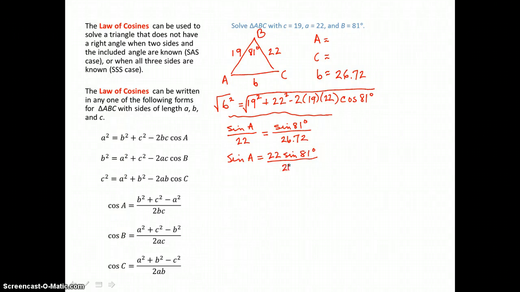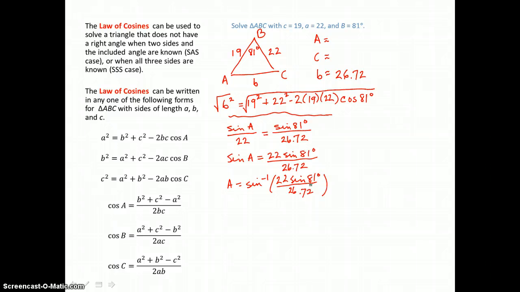So solving for angle A, we know that we're going to multiply both sides by 22, and then to get just an angle we need an inverse function. So angle A is equal to the inverse sine of this ratio, 22 times the sine of 81 degrees divided by 26.72.